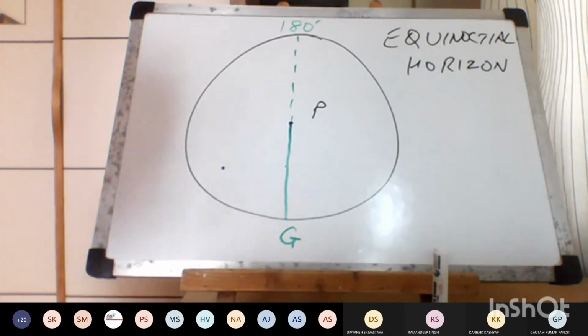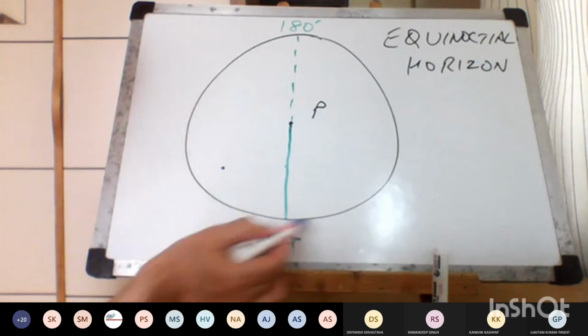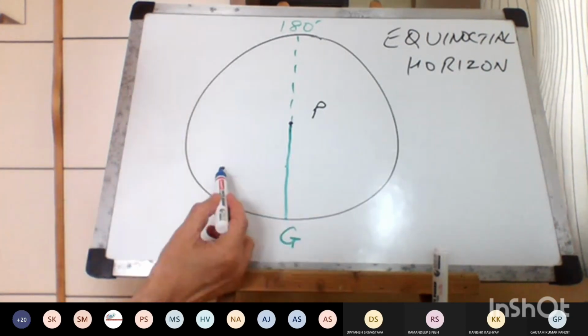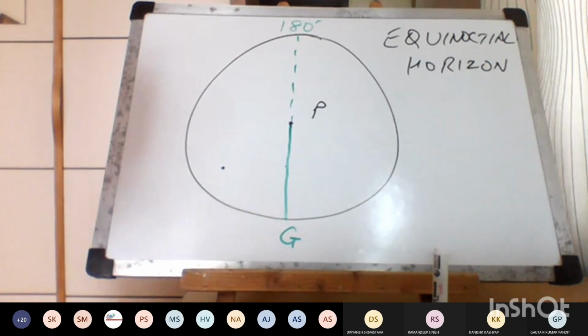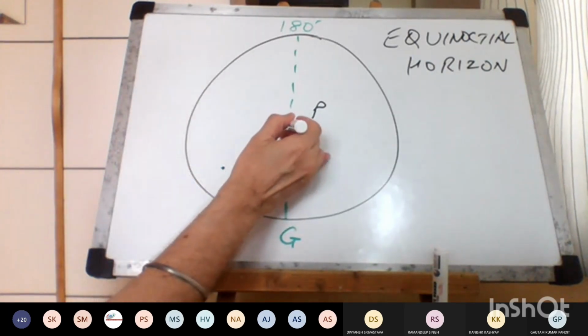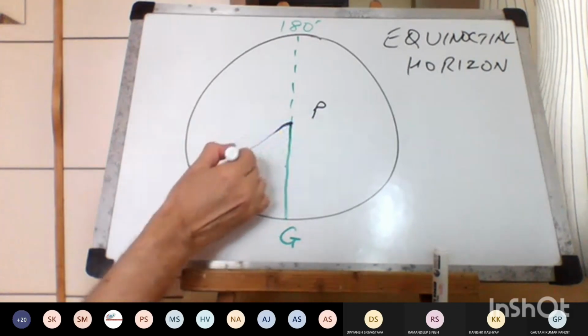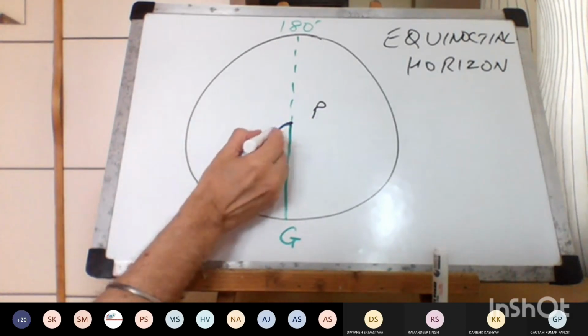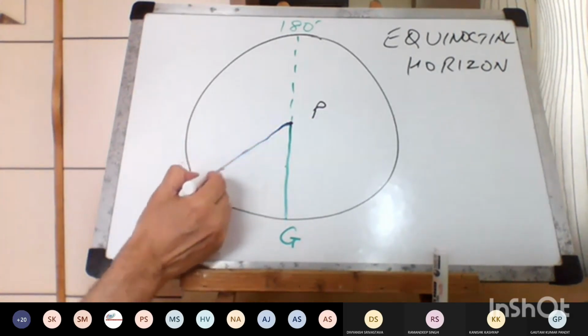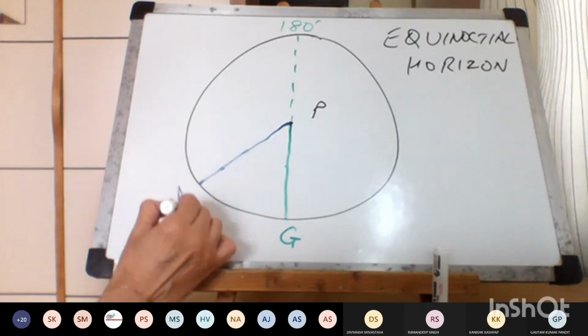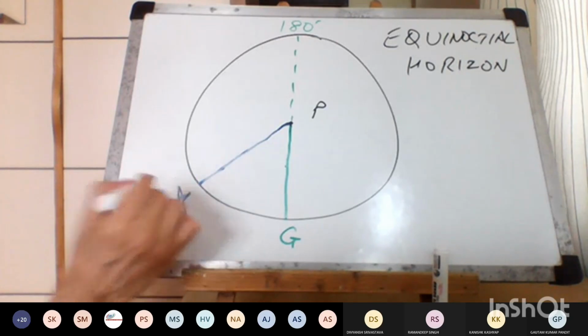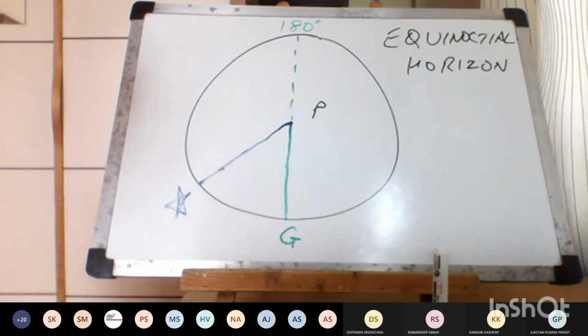This is just to explain declination. 25-degree declination, because this is 0 equinoctial. So it will be somewhere here. So a meridian passing through the body will look like this. This is a star. Is this clear to you?